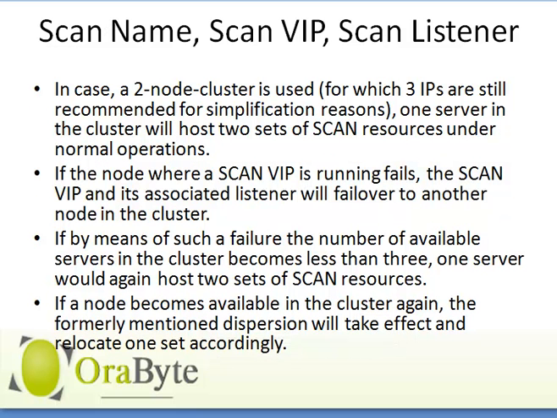If by means of such a failure the number of available servers in the cluster becomes less than 3, one server would again host 2 sets of scan resources. If the node becomes available again, the formerly mentioned dispersion will take effect and relocate one set accordingly.